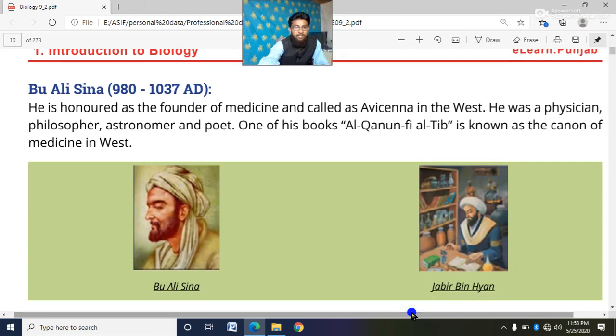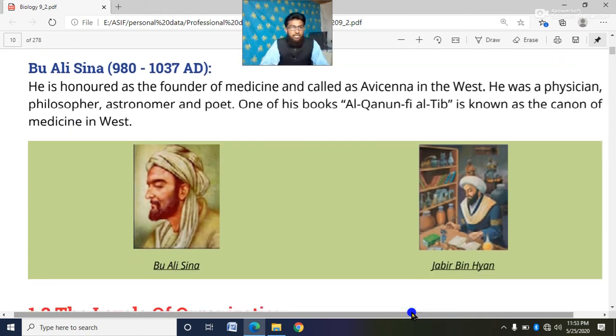Dear cadets, next we have a very famous scientist, Bu Ali Sina. He was born in 980 AD and died in 1037 AD.